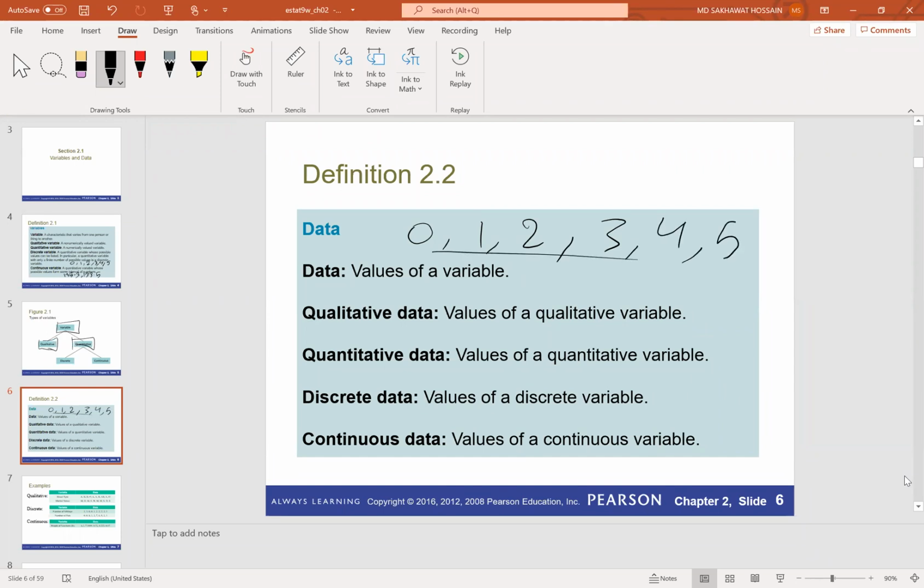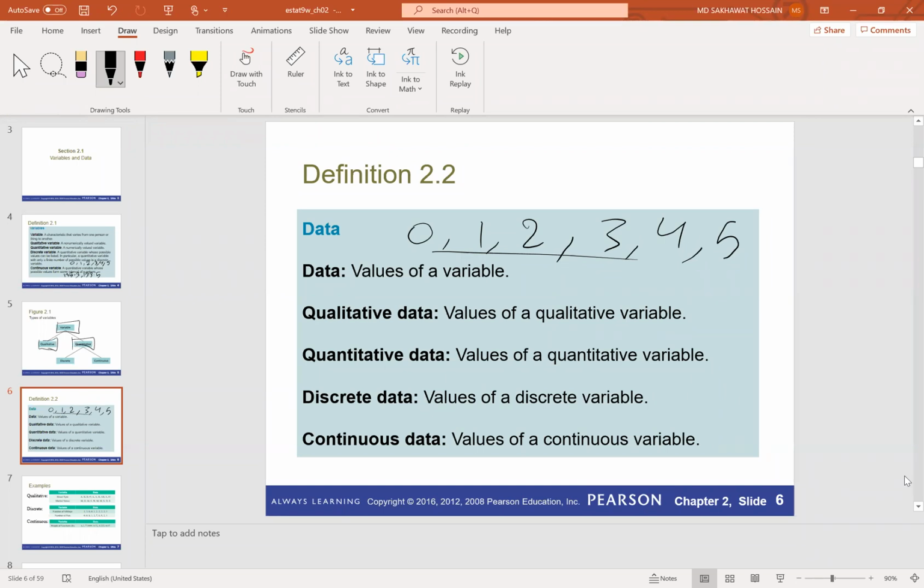If we consider 100 families, and we collect the number of children for each family, then these values will be called the data for that variable. That means the values of a variable.